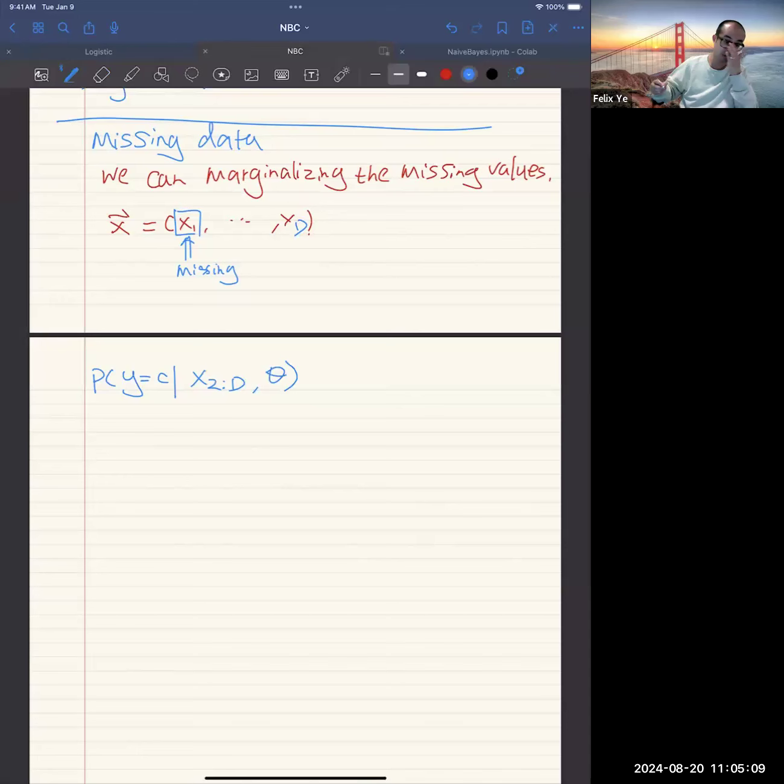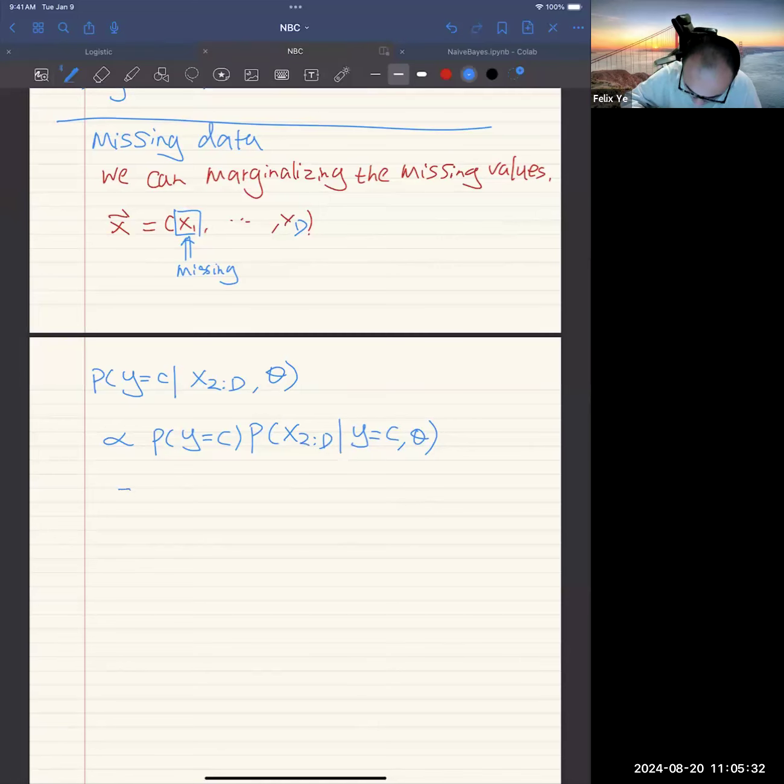So this is the posterior distribution. That is proportional to the probability y equal to c, and the probability of x2 to xD, conditional on y equal to c and theta.